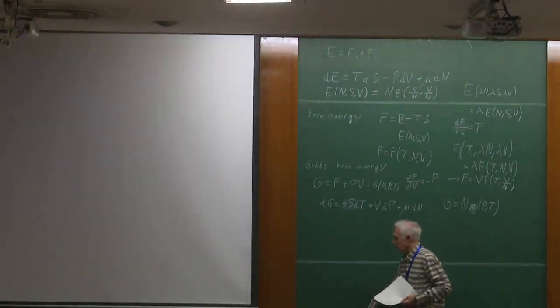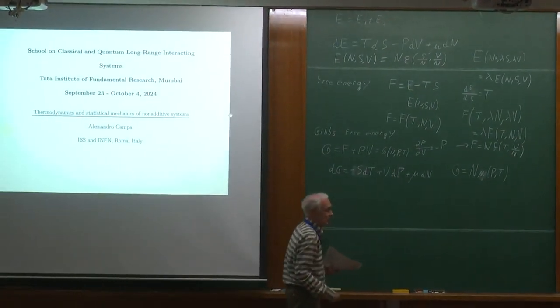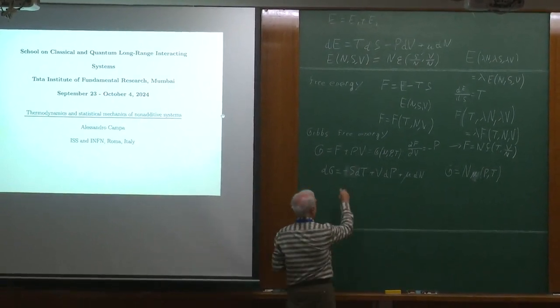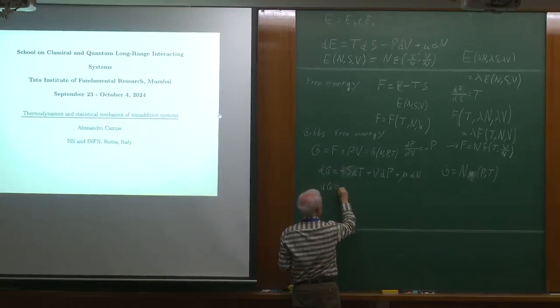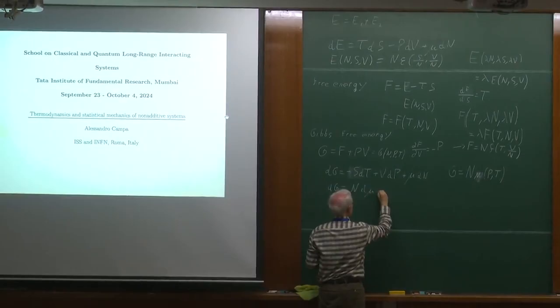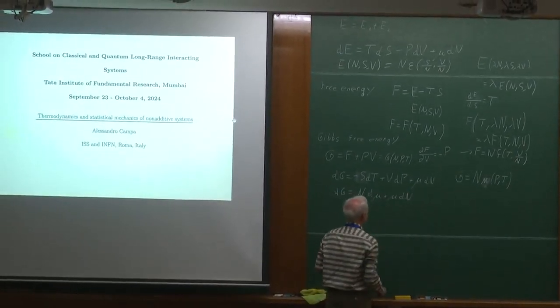From this, we obtain a very important property, a relation that, again, will not be satisfied by long-range systems. So let's write dG from that expression. Here we have N d mu plus mu dN. So these two are equal.